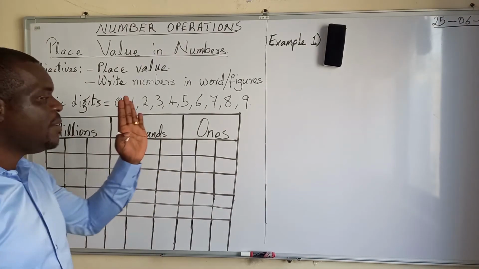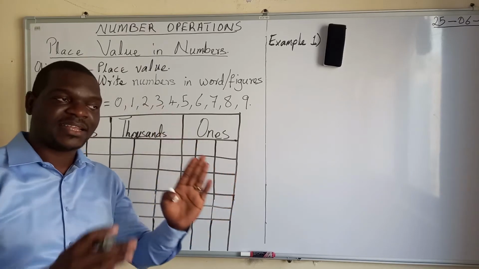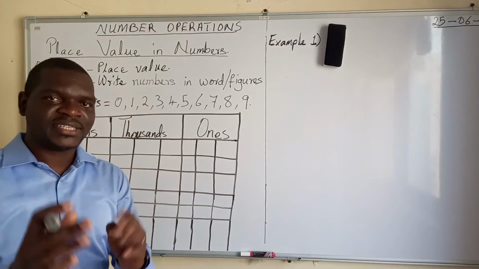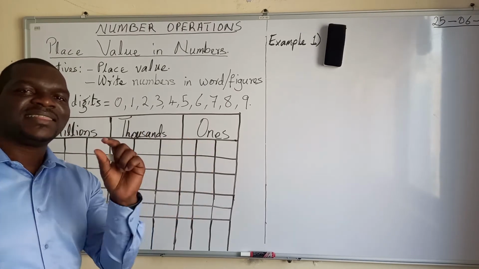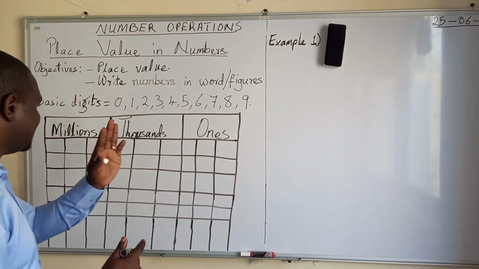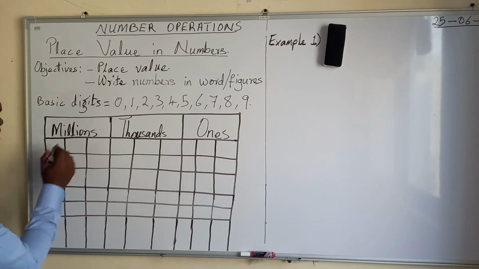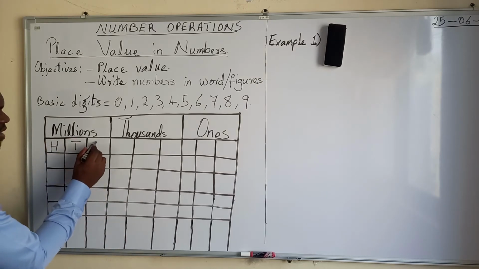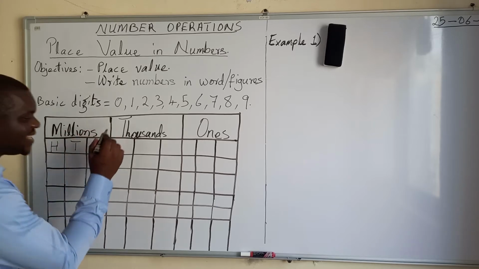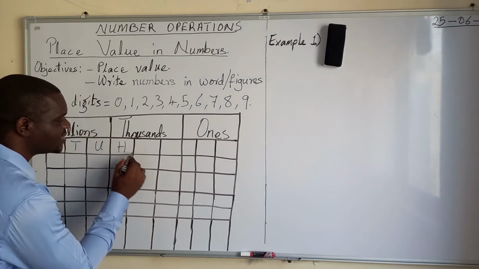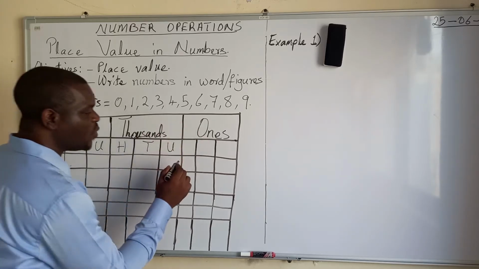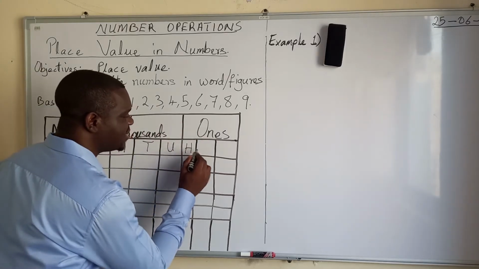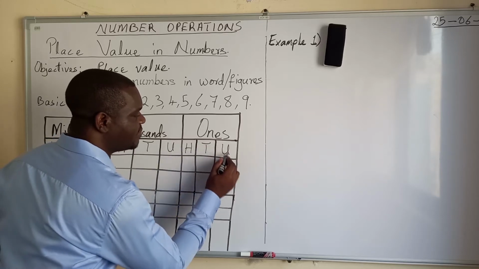Each of these 3 sets has 3 subsets: under millions we have hundreds, tens, and units. Under thousands we have hundreds, tens, and units. And under ones we have hundreds, tens, and units.